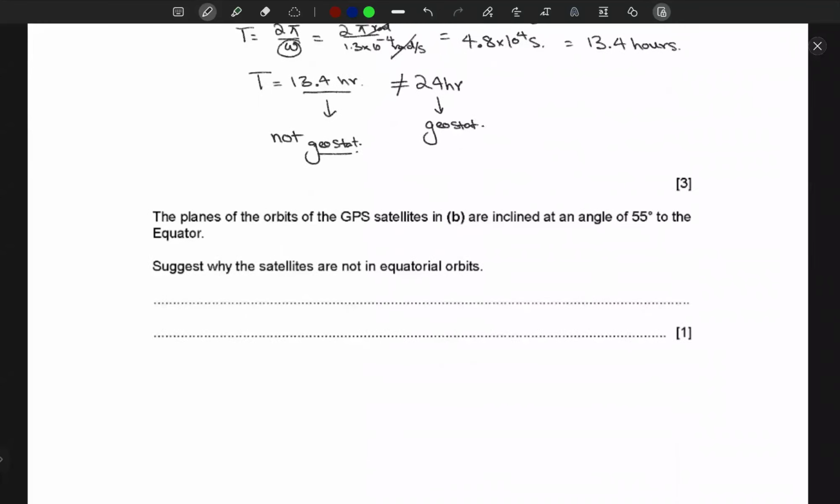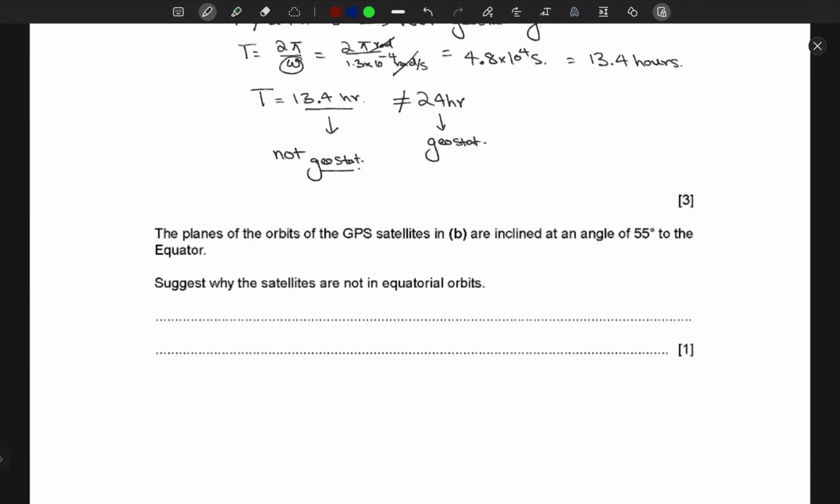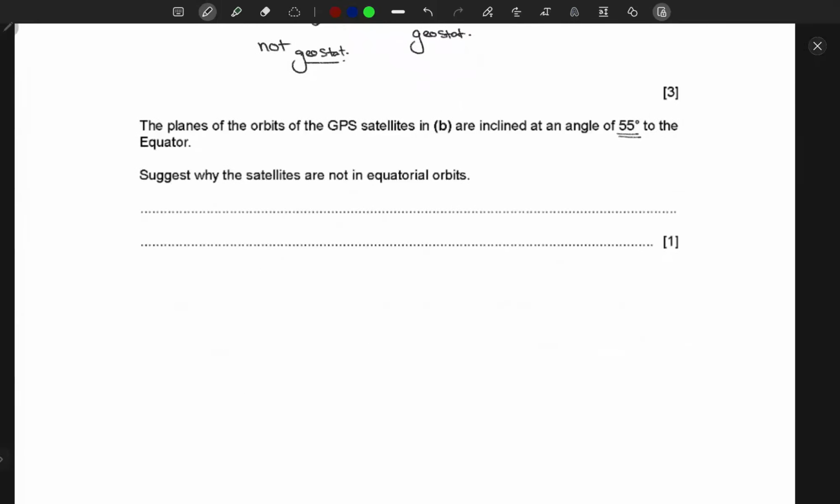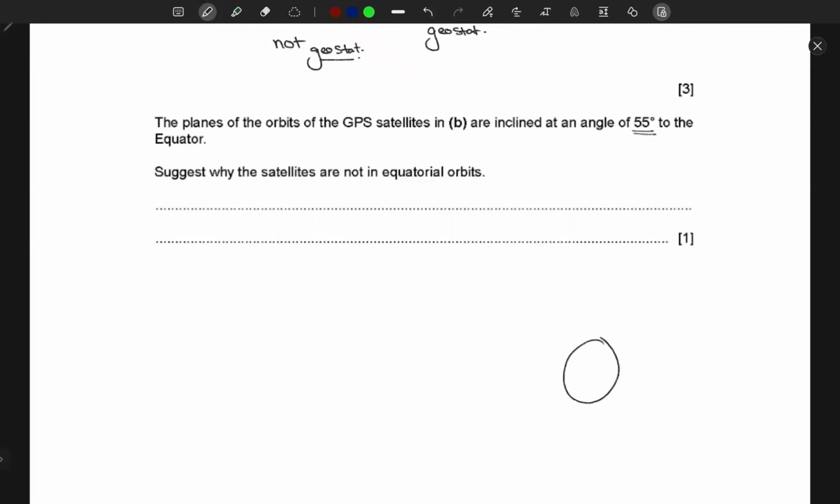Then we can move on to the next part. The planes of the orbits of the GPS satellites in the part that we just solved are inclined at an angle of 55 degrees to the equator. So this is the Earth, and wherever the satellite orbits, you can draw it as a plane, and this is the plane in which the satellite is orbiting.